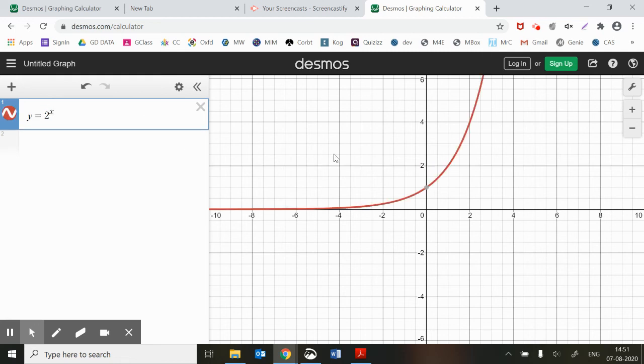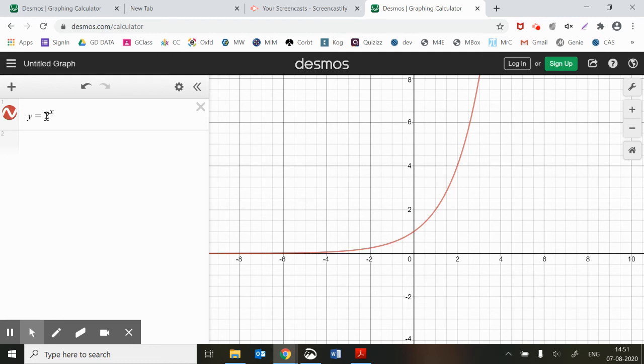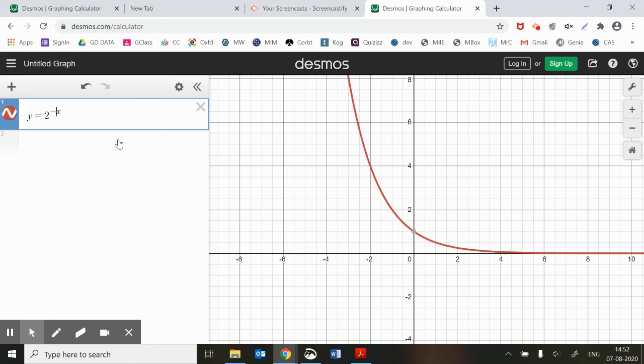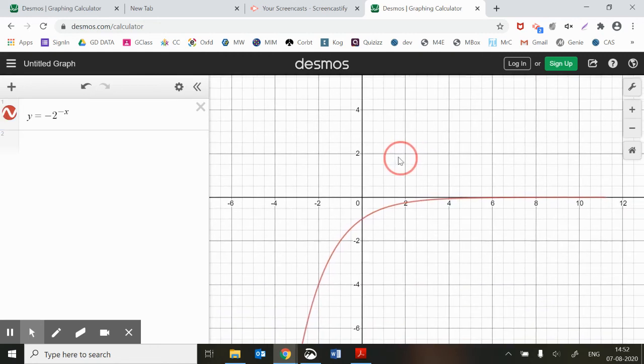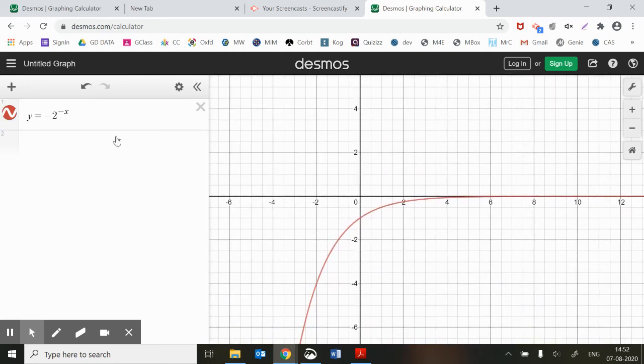We can see we've got an exponential model like this. If we put a minus in front of this, it's going to turn it upside down. That's still no good. If we put a minus in front of the x, it's going to reflect it in the y-axis. Okay, so if I do a combination of a reflection in the y-axis and a reflection in the x-axis, I'm getting kind of like the shape of graph that I would want.